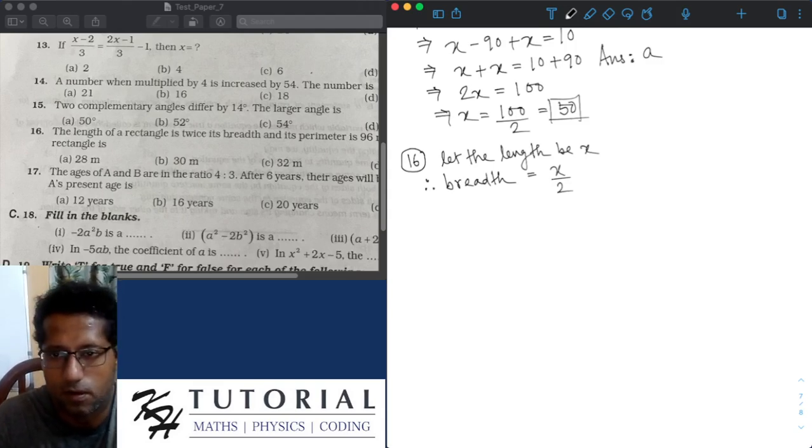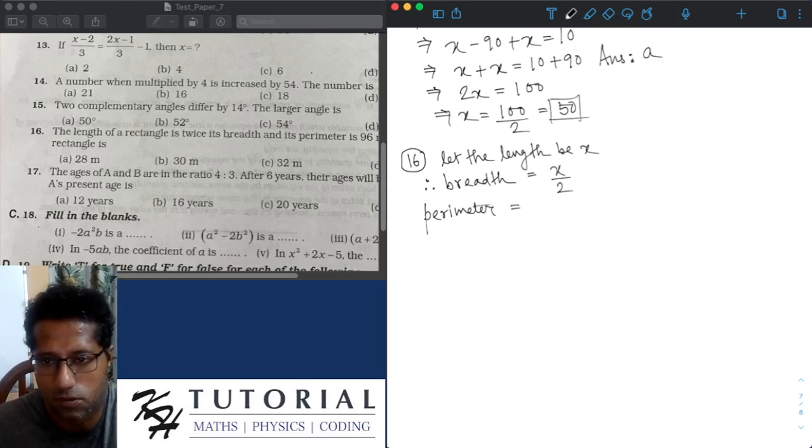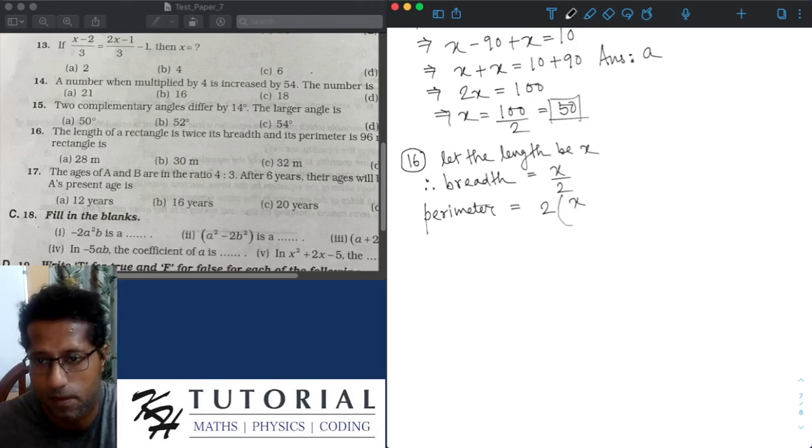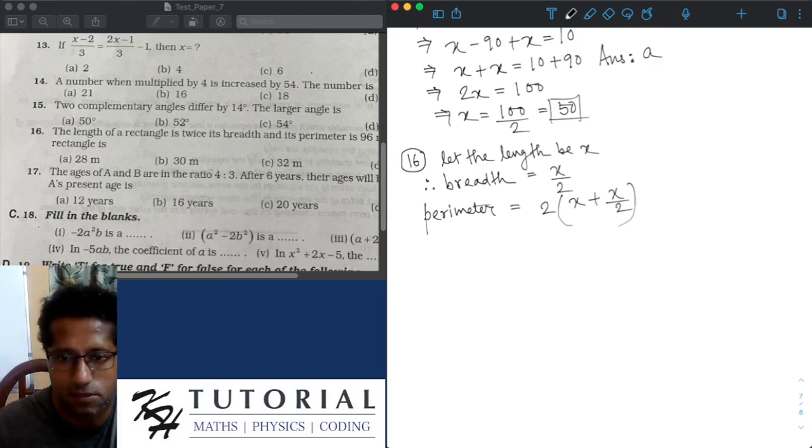So we now know the length and the breadth in terms of x, and we know the perimeter is 2 into length plus breadth. Length is x and breadth is x by 2. So perimeter is this, and it is given that the perimeter is 96 meter.